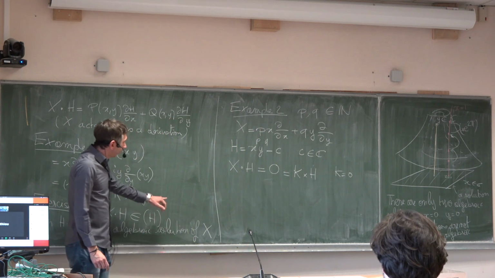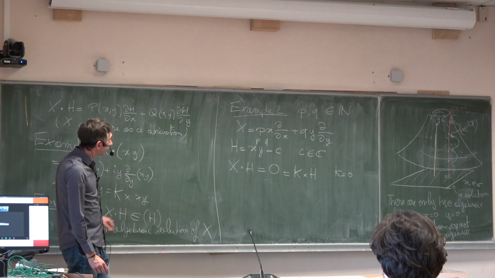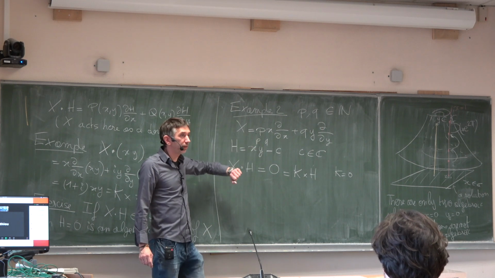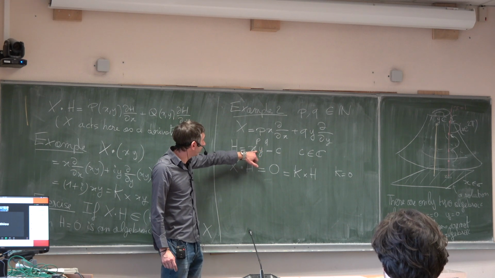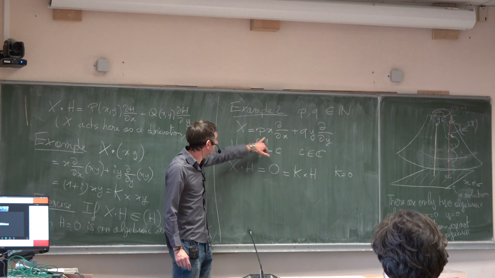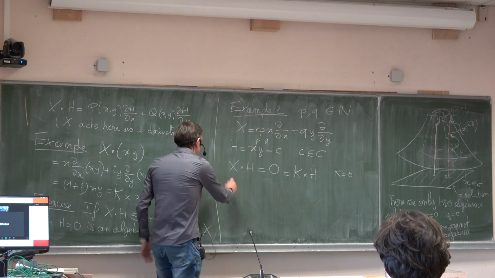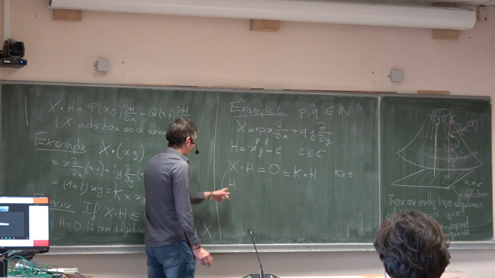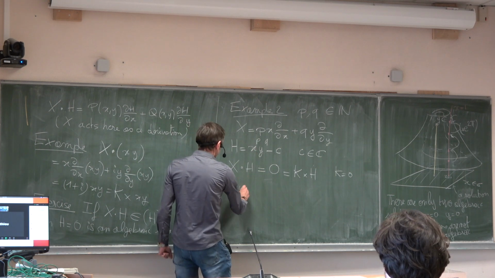So actually, the 0 level of this function H is a solution of this vector field, and the 0 level of this function is actually the C level of this general function. H is what we called, for this very particular example, a first integral of X.